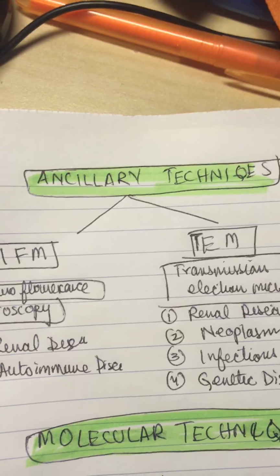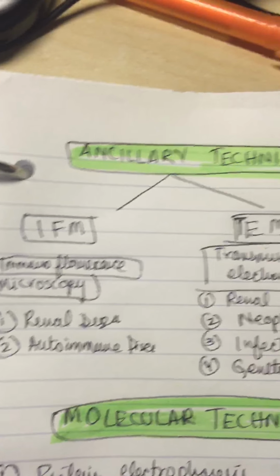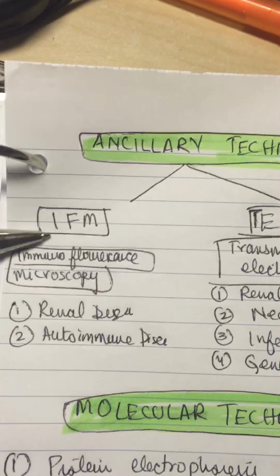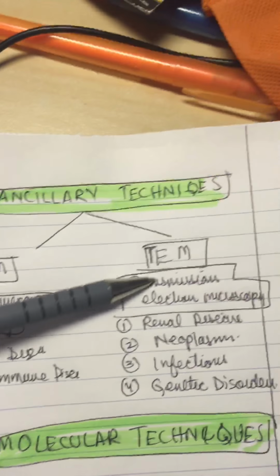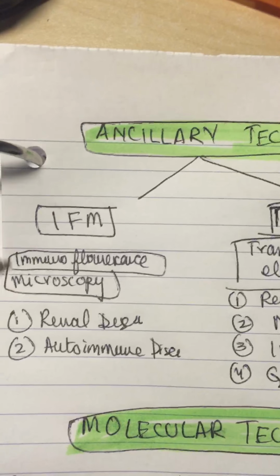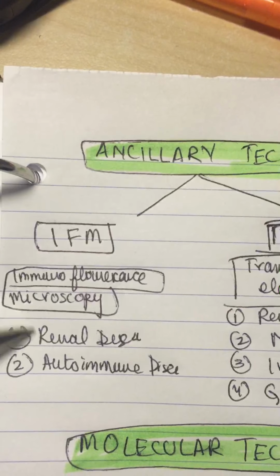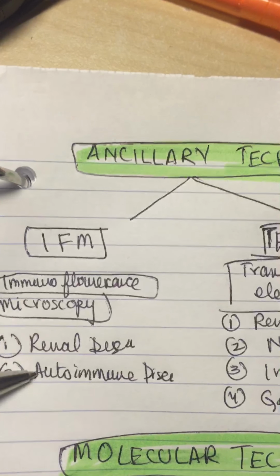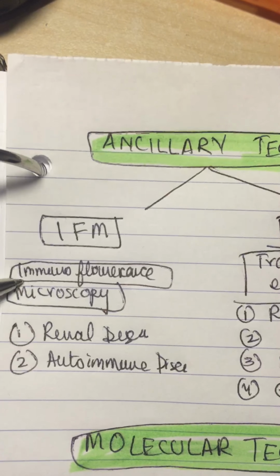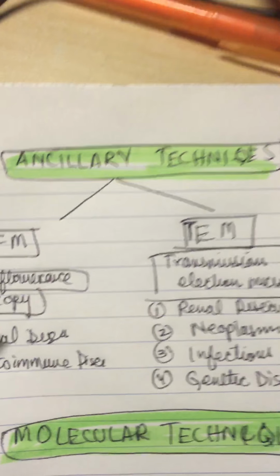Then we come to the ancillary techniques. We have two techniques in that. One is IFM, immunofluorescence microscopy, and the other is transmission electron microscopy. Immunofluorescence microscopy is used to identify renal disease and also autoimmune disease.